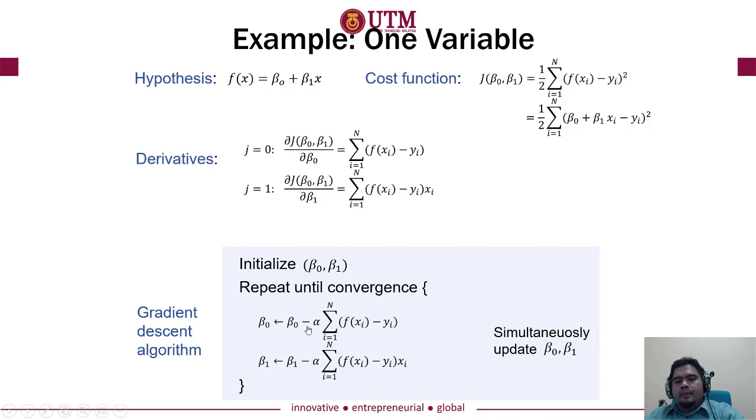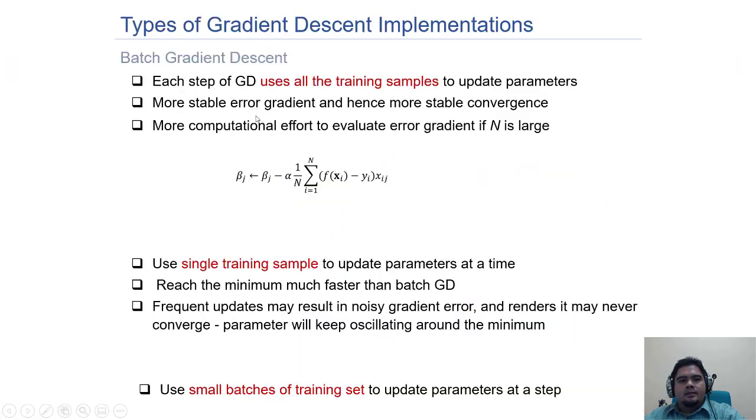Okay, so this is what we call batch gradient descent. The one that we learned before is not just called gradient descent only, it's called batch gradient descent, meaning that each step of gradient descent uses all the training samples.